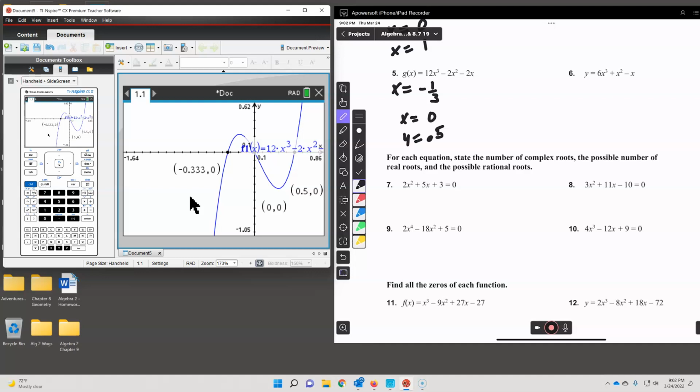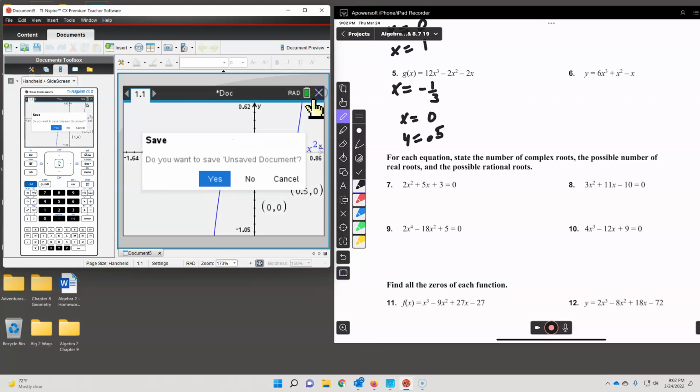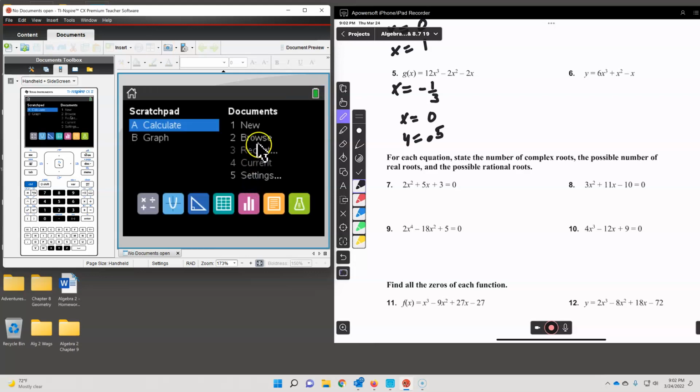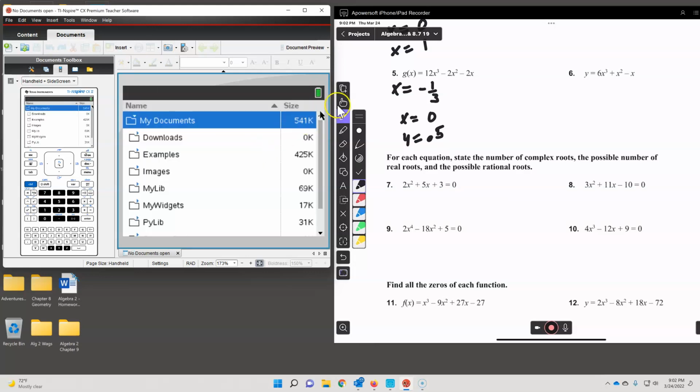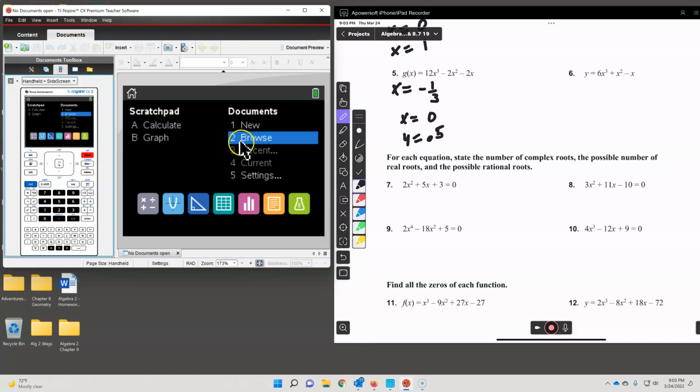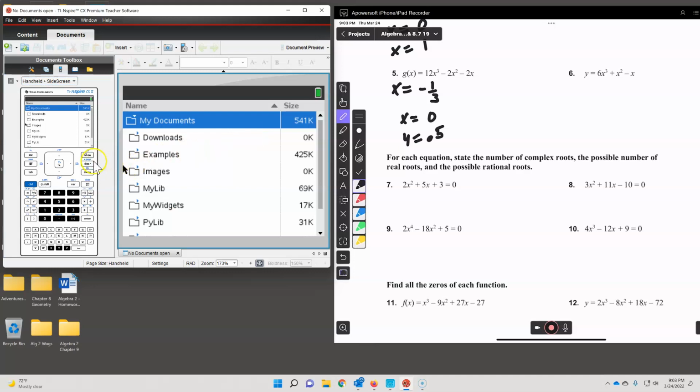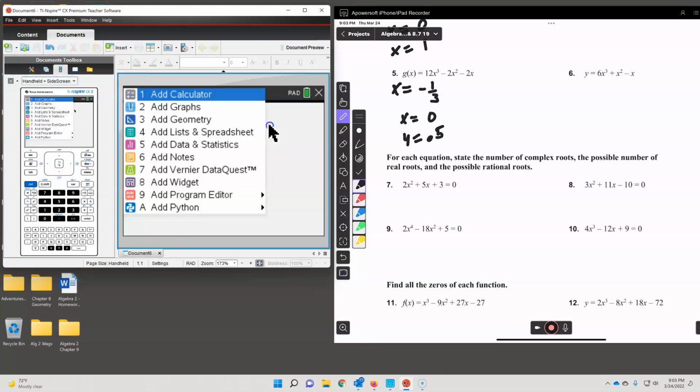So for number 6, you're going to have to find the zeros, the roots for number 6. So I'm just going to go ahead and start you off, and you should have a graphing calculator with you. Okay, go to the on button, go to new.